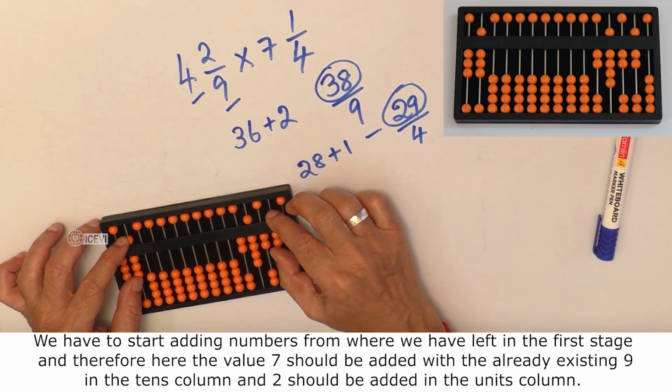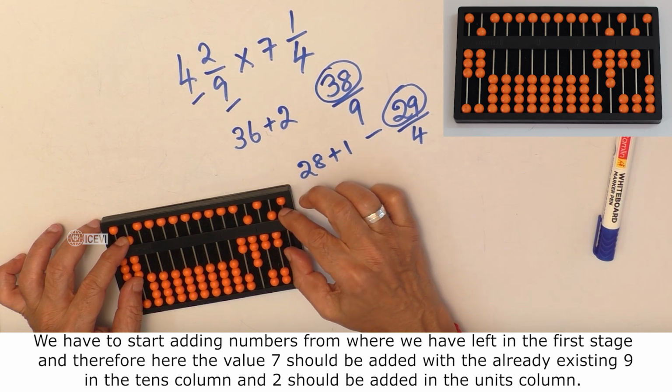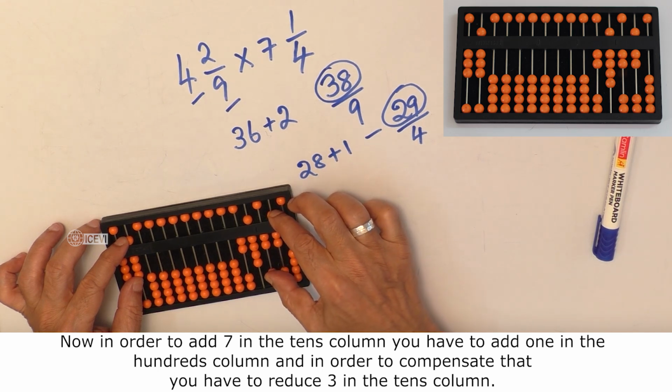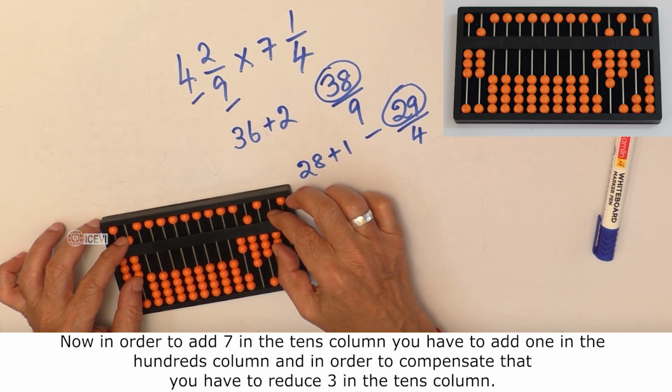We have to start adding numbers from where we have left in the first stage, and therefore here the value 7 should be added with the already existing 9 in the tens column, and 2 should be added in the units column. Now, in order to add 7 in the tens column, you have to add 1 in the hundreds column, and in order to compensate that, you have to reduce 3 in the tens column.